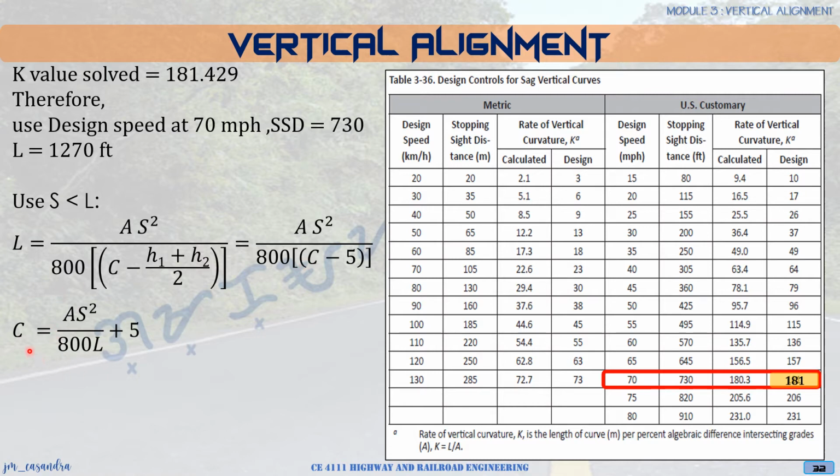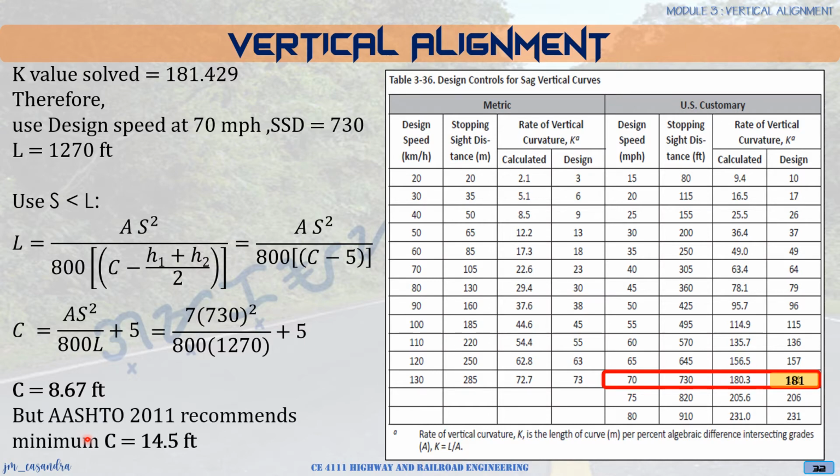So C now is simply equal to AS squared over 800L plus 5. So substituting our values, we arrive at C equal to 8.67 feet. So supposedly, the vertical clearance between the roadway and the undercrossing or the overpass, the bottom of the overpass should be 8.67 feet.